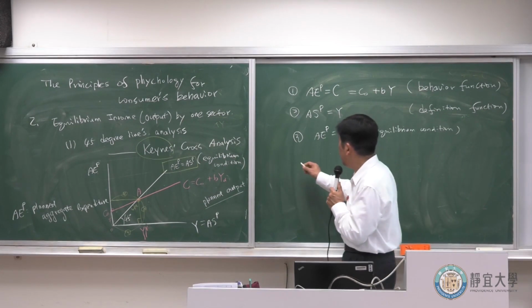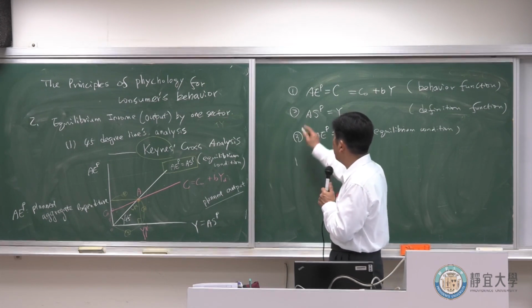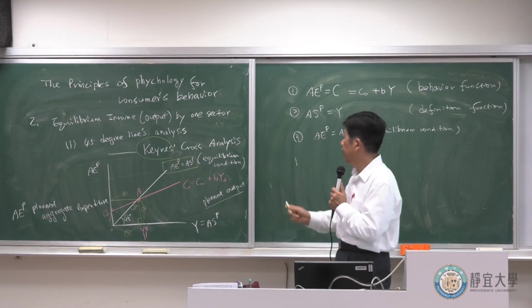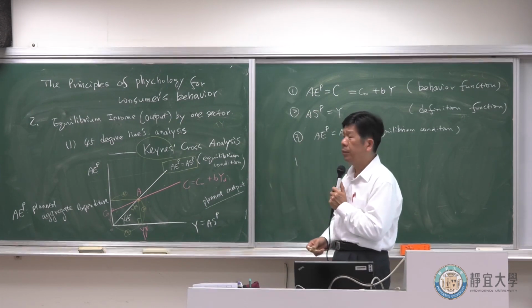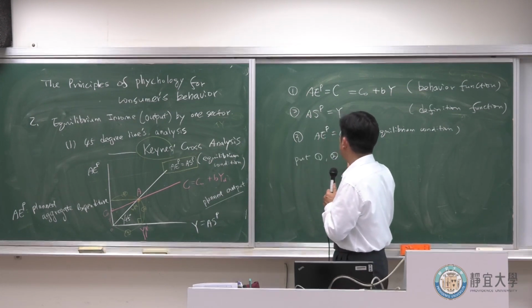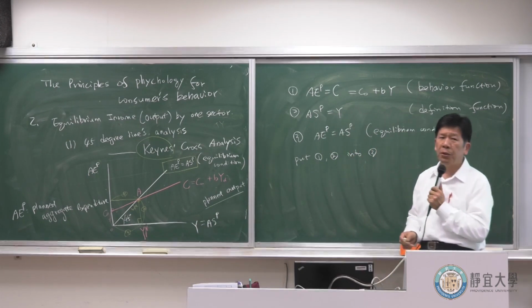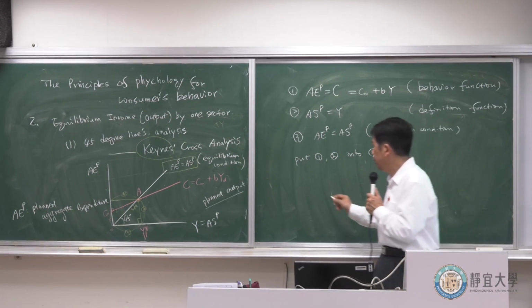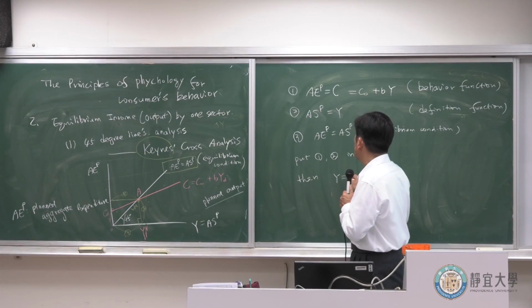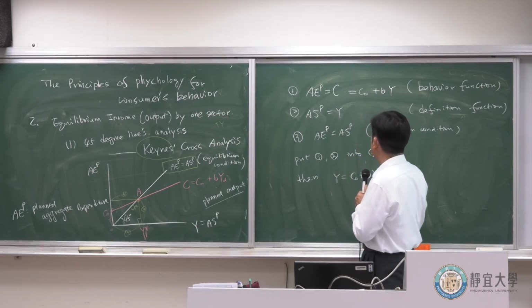We just put the first and the second into the third formula. And then we can get Y equals C0 plus bY.